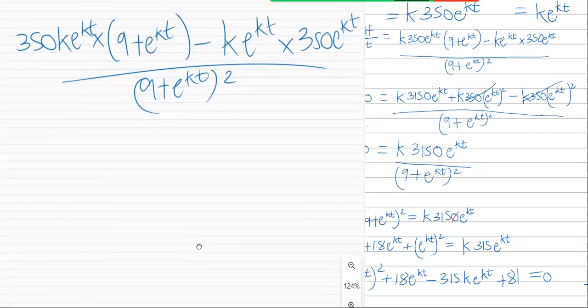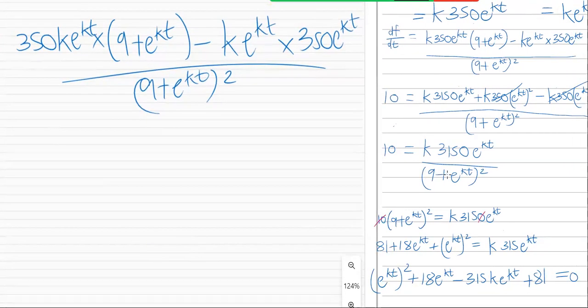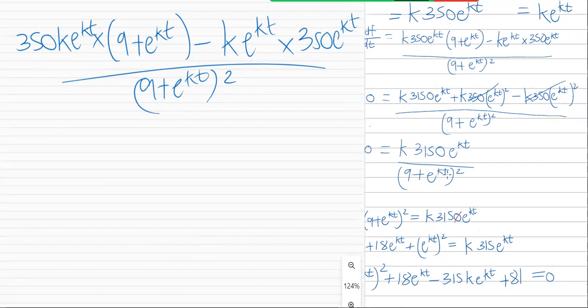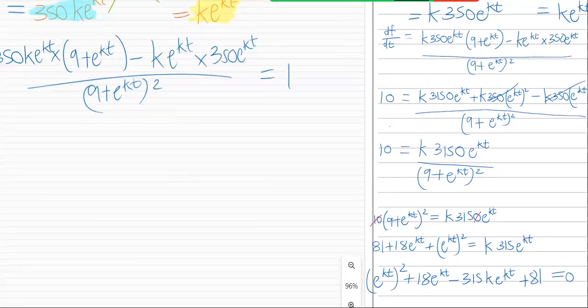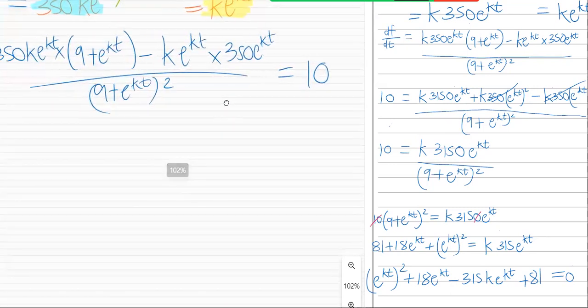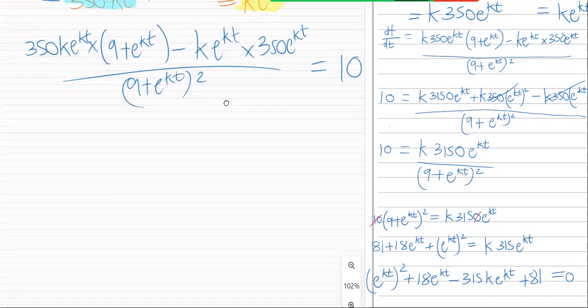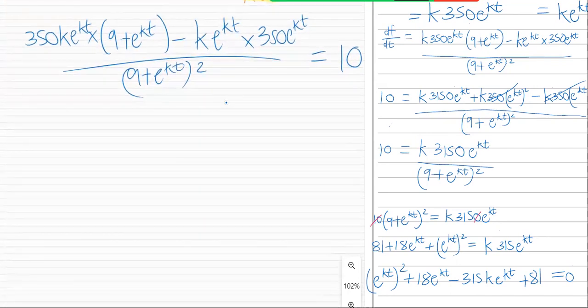And you've got to simplify that until you get, we needed, I think, t on its own. So this should be equal to 10. This is the first derivative; the rate of change needs to be equal to 10. Let me just do this in full. So this times by 9, 350 times by 9 is 3150, and that's k e^(kt).